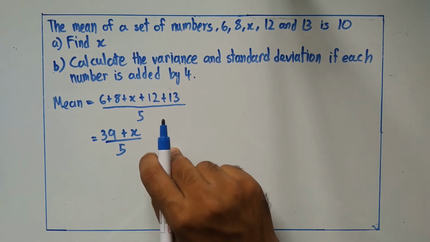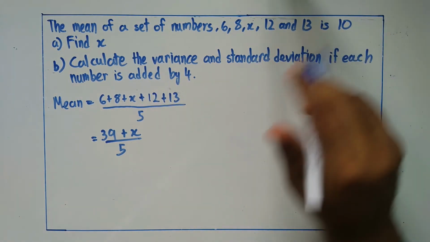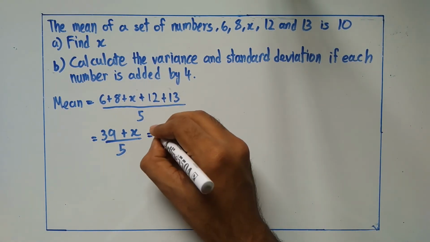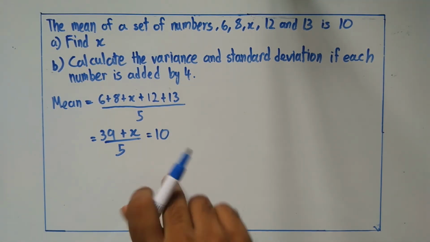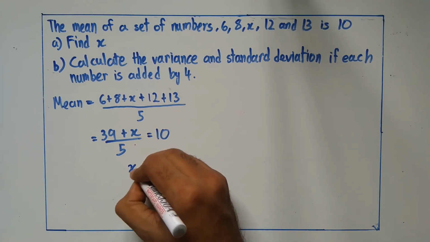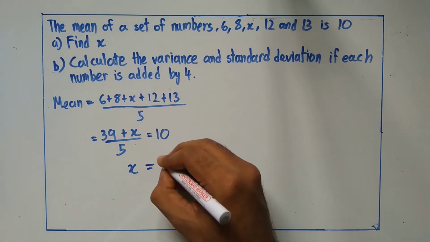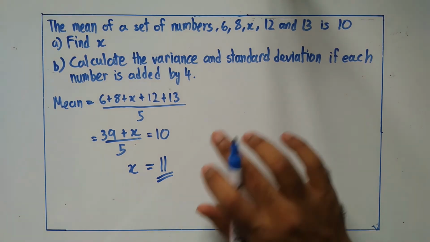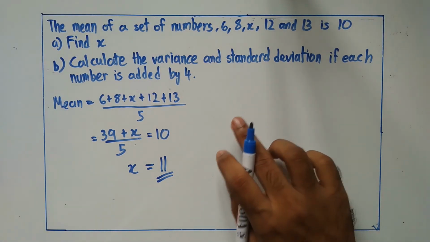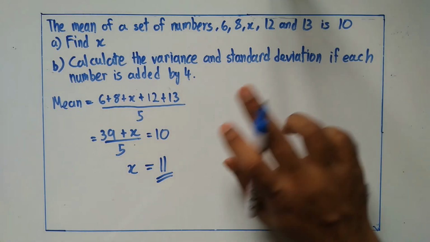We also know that 10 is the mean of all the numbers. We solve this equation and the value of x is 11. After obtaining x, we add each number by 4.